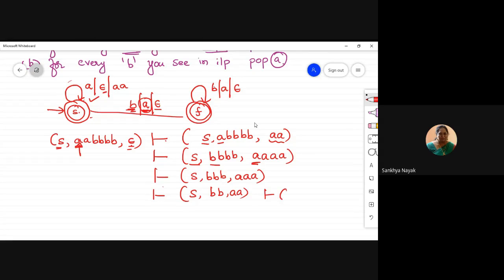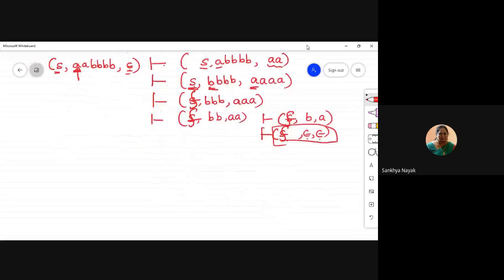So for every B, you are going to pop 1 A. I made a mistake. As soon as I get a B, I have to go to final state, right? So ultimately we are at F, epsilon, epsilon. Accepted. F is final state and these two.